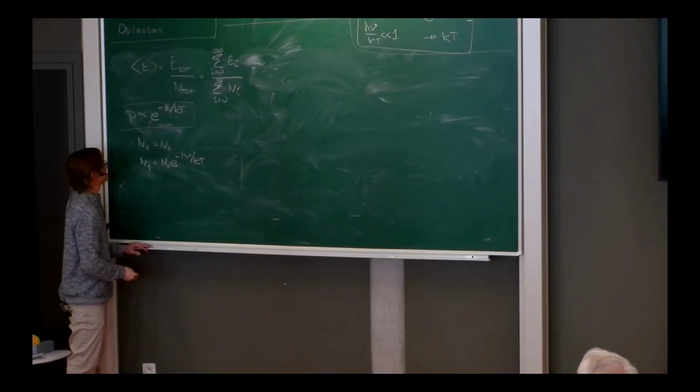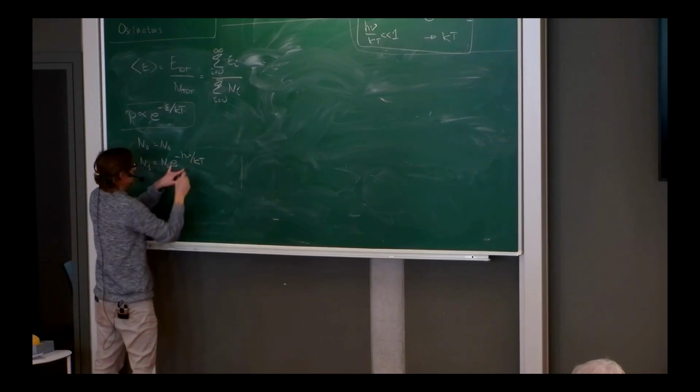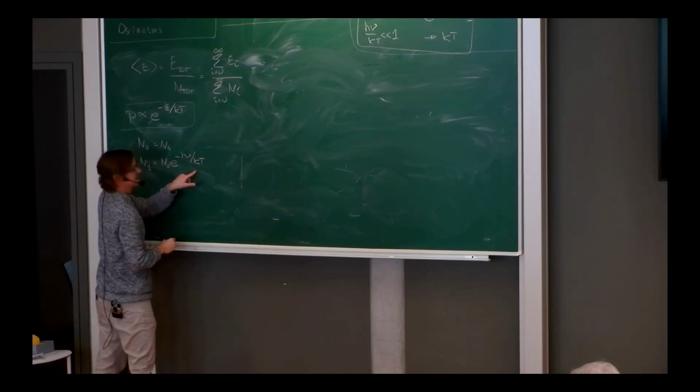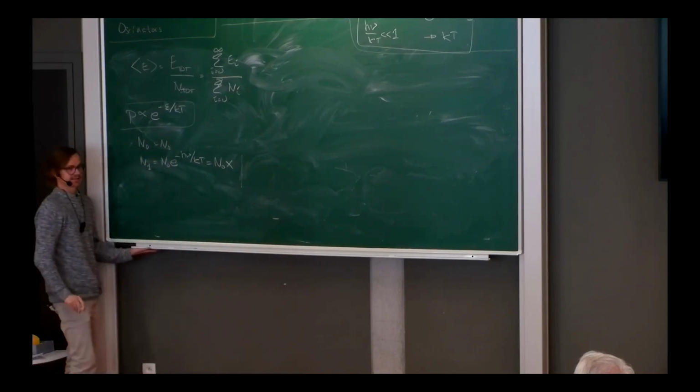Okay? So we're going to call this factor e to the minus h nu over kT x. So this is just n0 x.